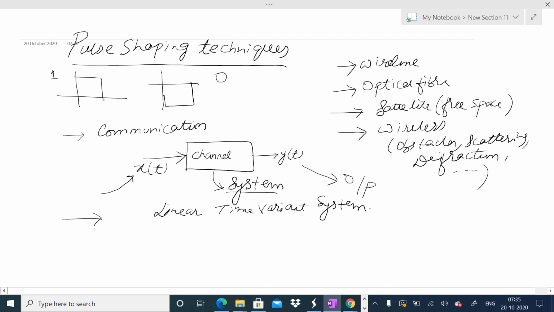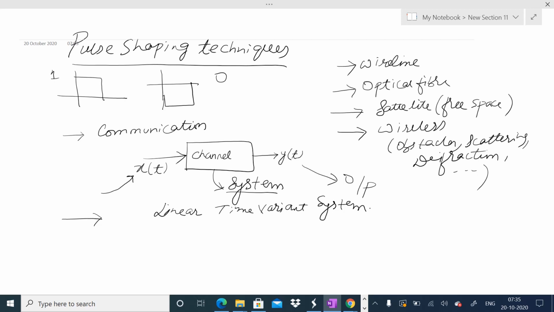One of the important things about a channel is that whatever channel you use, whether a telephone line, optical fiber, free space or usual wireless, we have limited bandwidth. You cannot use any frequency on any channel.